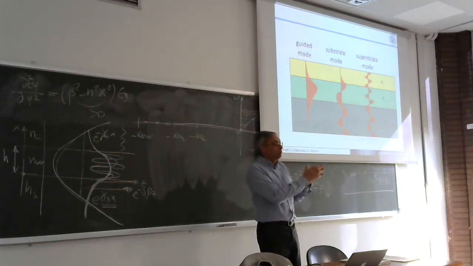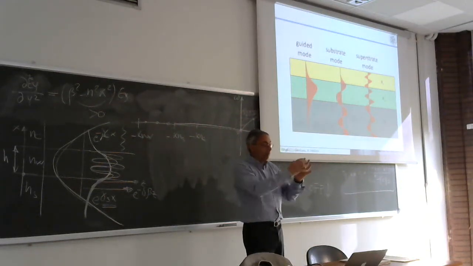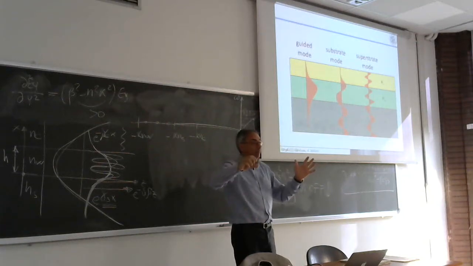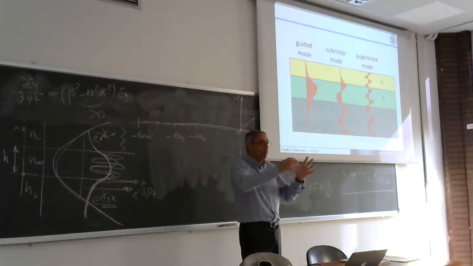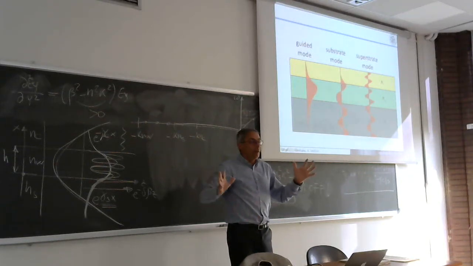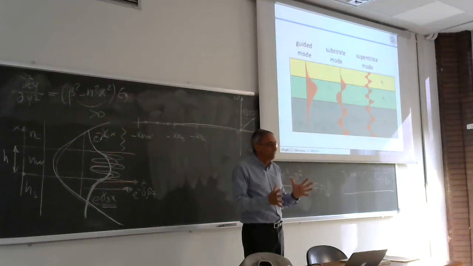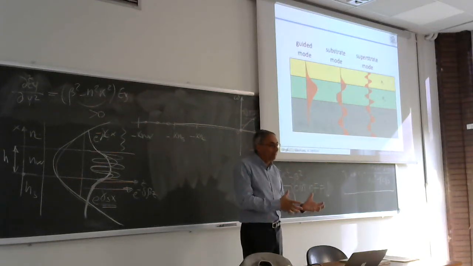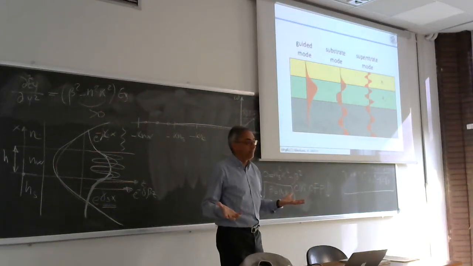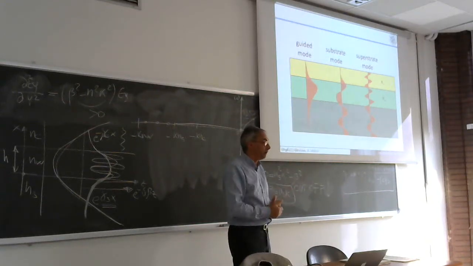This one is not able to propagate for a long distance, but it is able to propagate a little bit before losing completely the energy. So it's a sort of intermediate condition. It's not guided, but it's not completely radiative. It makes some distance before going away.